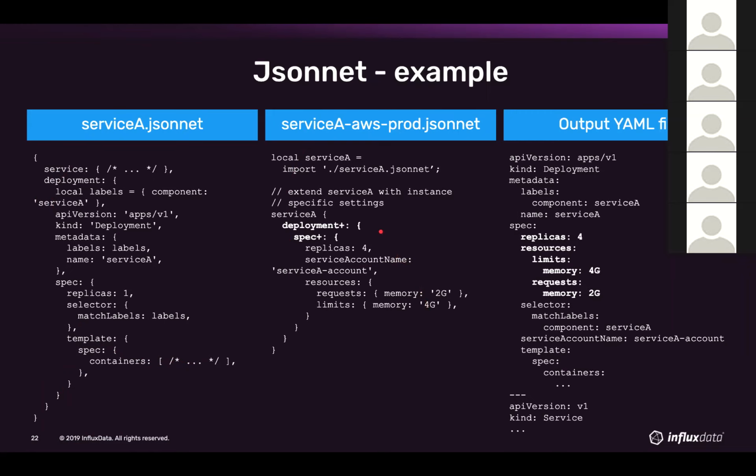So we're saying here, add deployment and spec to the underlying class. And then that will output YAML, which is a combination of both of these. If you're not familiar with Jsonnet, I find some developers are just allergic to it. But as a DevOps practitioner, it's super useful. It can produce YAML, it can produce JSON. So whatever tools you're working with, whatever their input formats are, you can target them with Jsonnet.